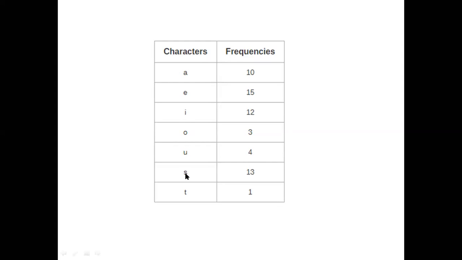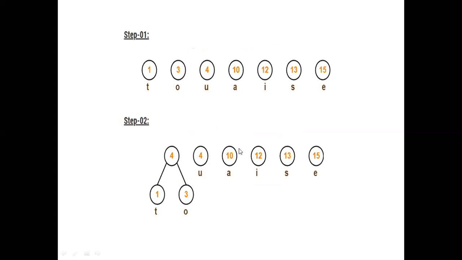So we have to arrange it in increasing order: 1, 3, 4, 10, 12, 13, 15. This is the frequency of this character, this is the frequency of O, this is the frequency of U, frequency of A, everything. So this is step 1.